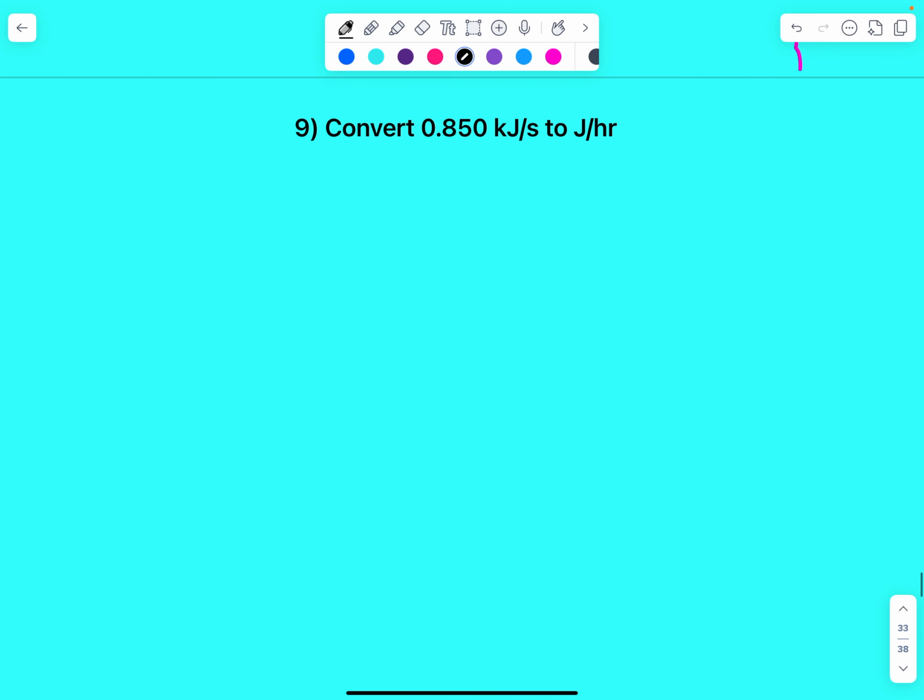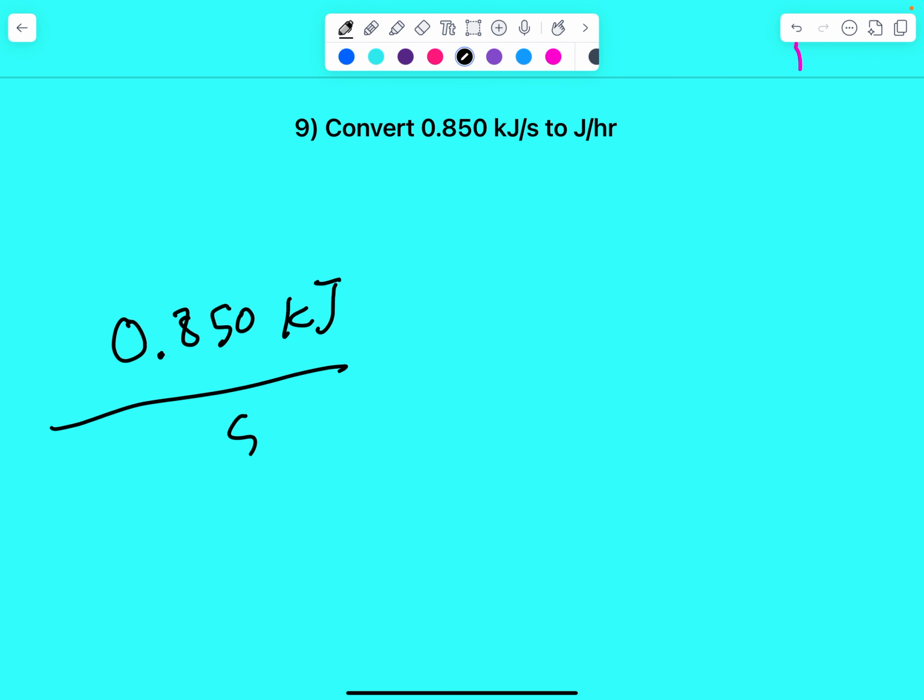Let's look at this one. 0.850 kilojoules per second to joules per hour. So you have 0.850 kilojoules per second. What do you know about this one? Well, I know 1 kilojoule is 1,000 joules, right? So this cancels out. I'm in joules, I love that, but I need to get rid of seconds.